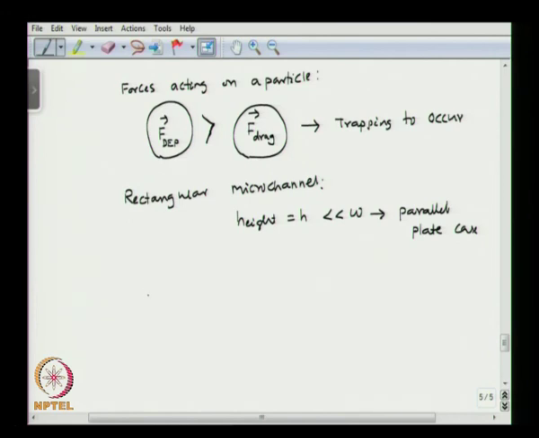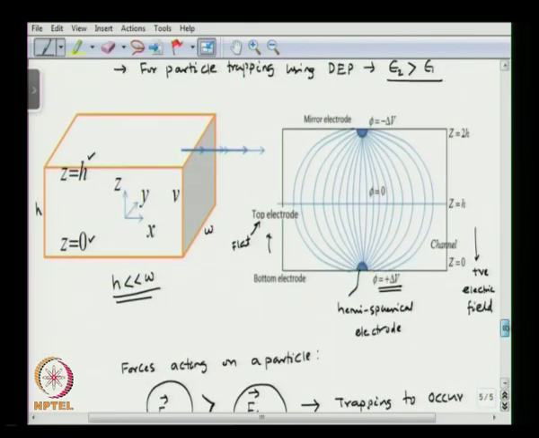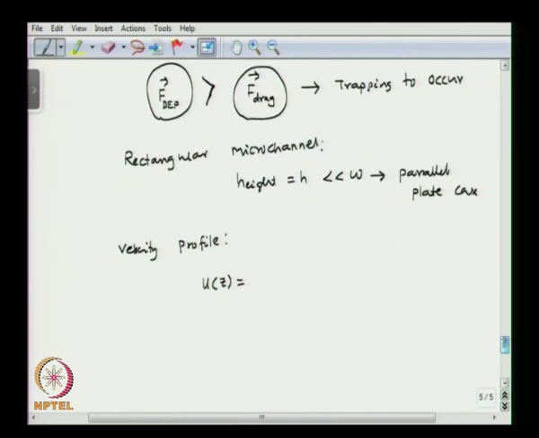and in that case we know the velocity profile looks like this, where z is this direction. The velocity profile uz is given by delta p divided by 2 eta L into (h minus z) into z.